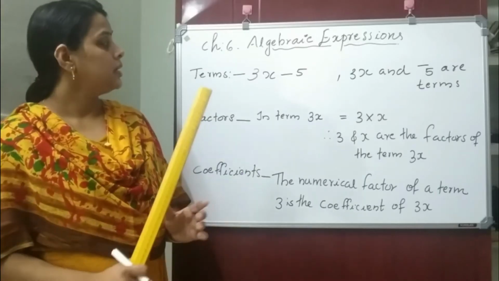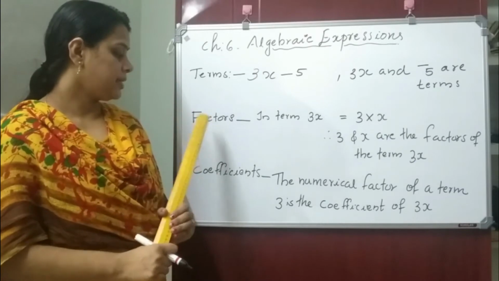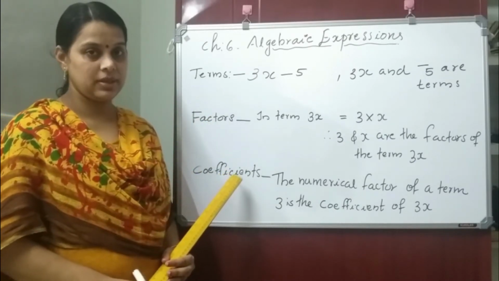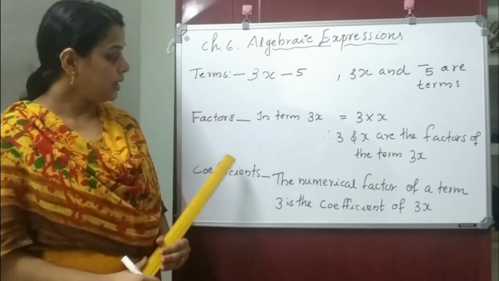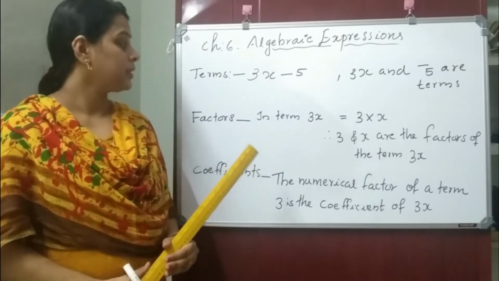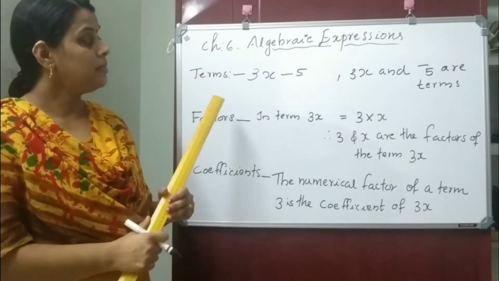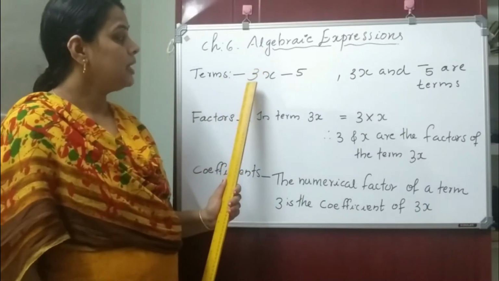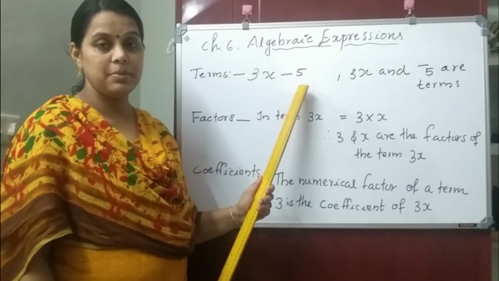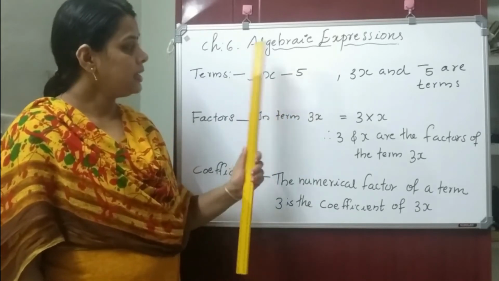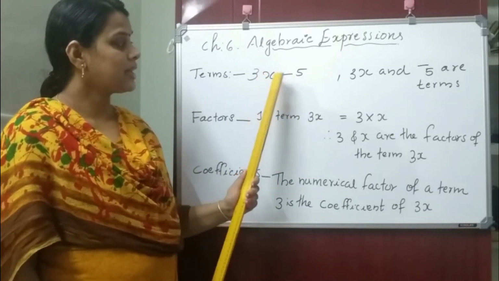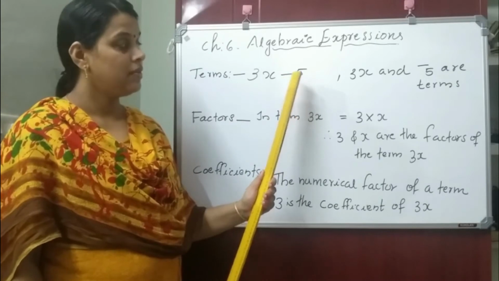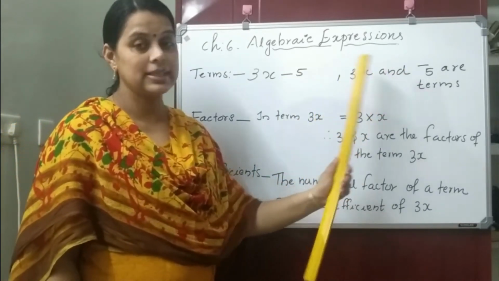Next is, what are terms, factors and coefficients? We already learned about this in class 6. Terms are used to form an algebraic expression. Example, 3x minus 5 is an algebraic expression. In this, the terms are 3x and minus 5. We have to say it with the sign.